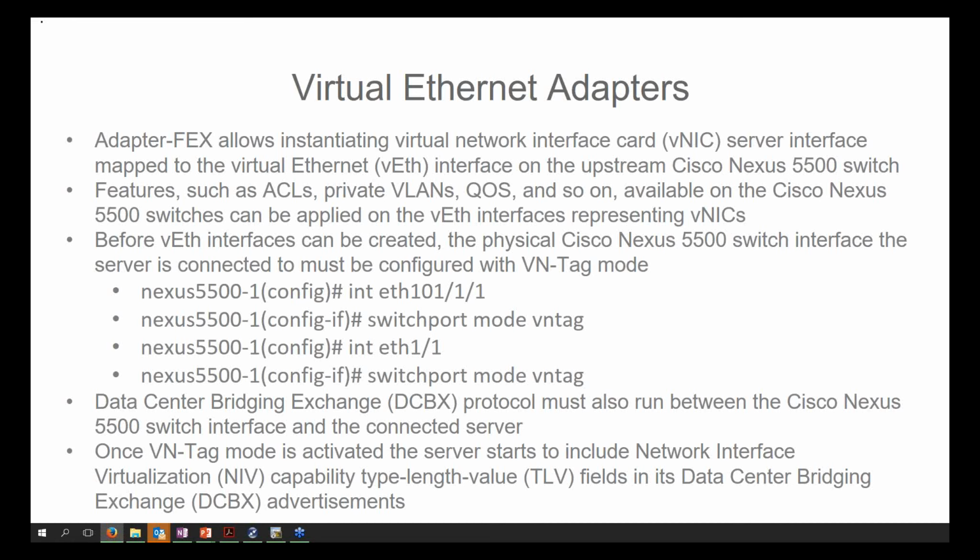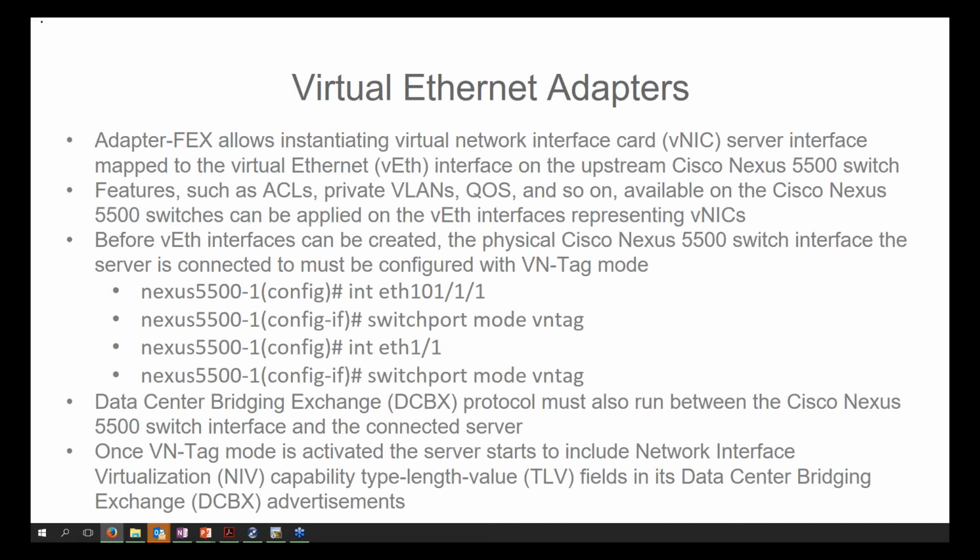So before the VE interfaces can be created, the physical Cisco Nexus switch is going to have a VN-tag mode on each of its physical ports. The VN-tag mode is going to allow the virtual network tags to come through and enable multiple virtual Ethernets to be bound to a specific physical interface on different channels.